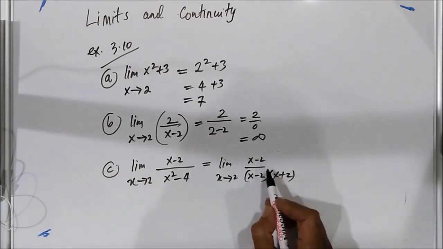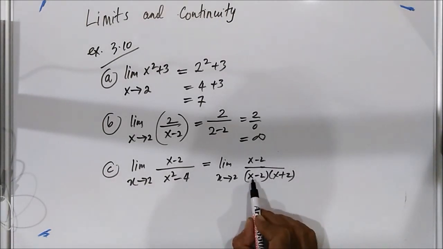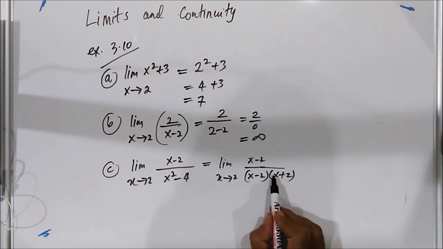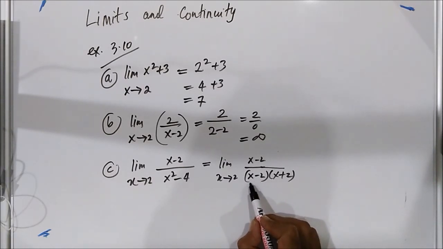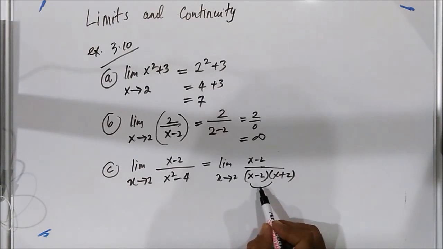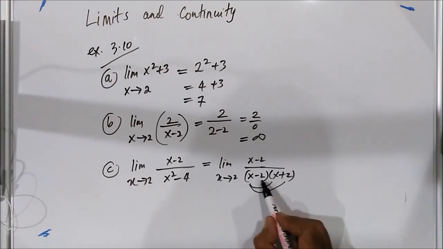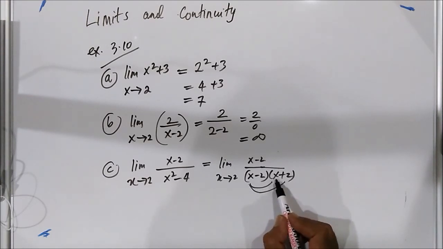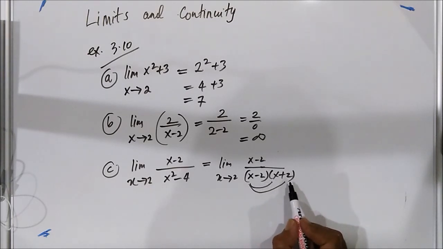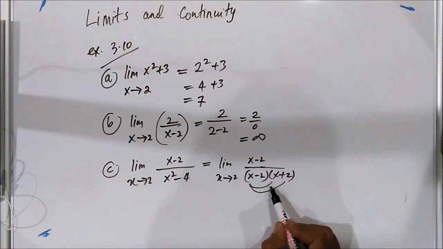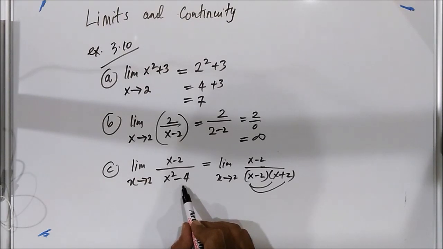If you multiply out the denominator: x multiplied by x is x squared, x multiplied by 2 is 2x, negative 2 multiplied by x is negative 2x, and negative 2 multiplied by 2 is negative 4. So you get x squared minus 4.